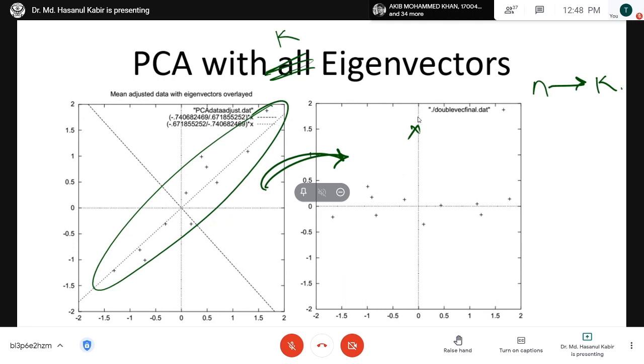Then if you do the projection on u2, that means x dot u2, you get z2. In this way, if you project on all k vectors, you end up with up to zk. Yes or no? Yes.